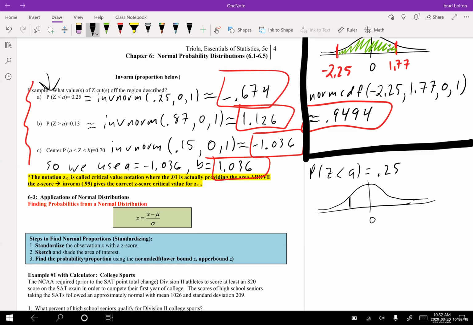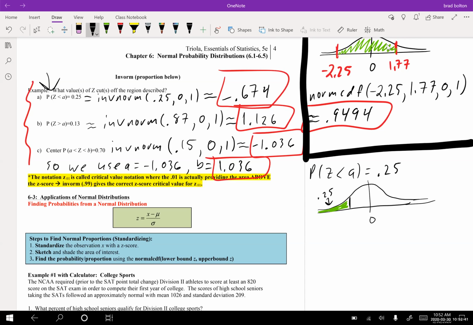So remember, this is 0. That means that if I shade right here, then I'm going to have 0.25 area right here, or probably whichever way you want to think of it. And again, the point is that you think of the area under the curve and the probability of that as the same thing.